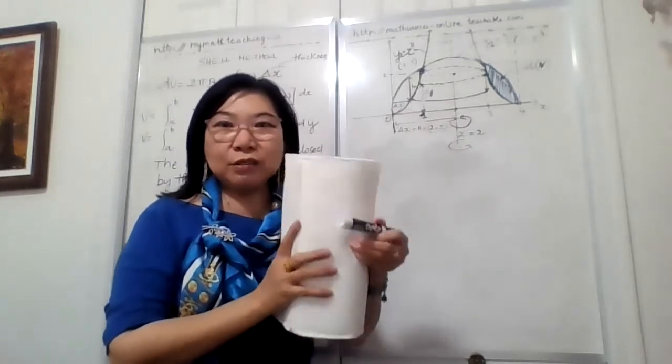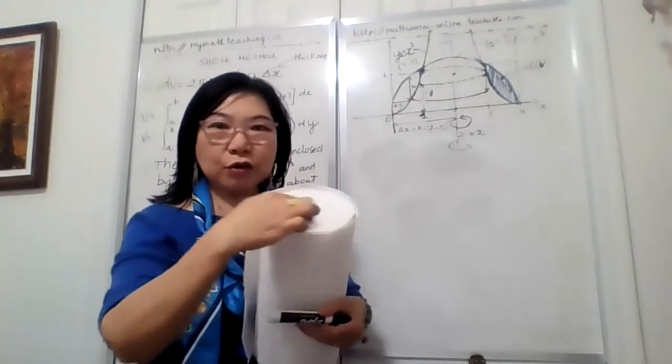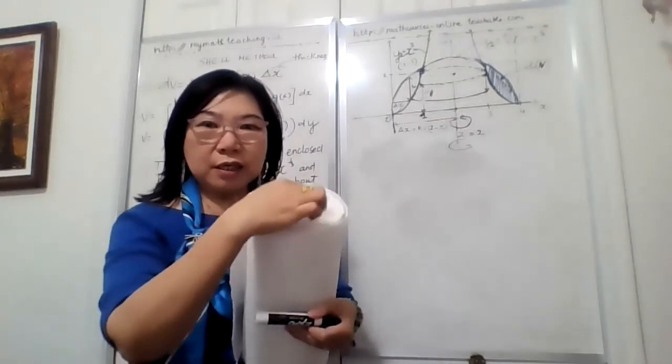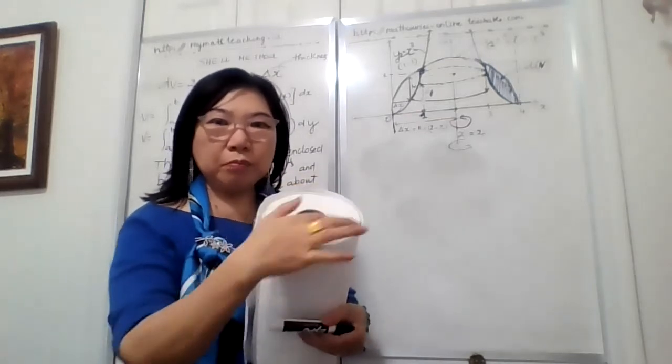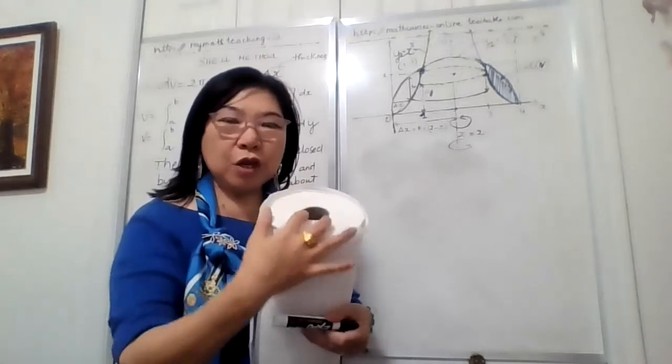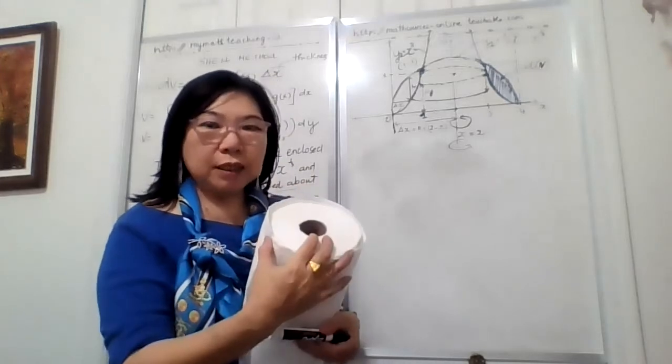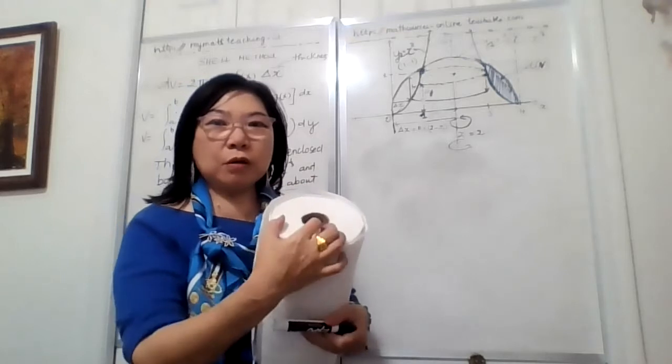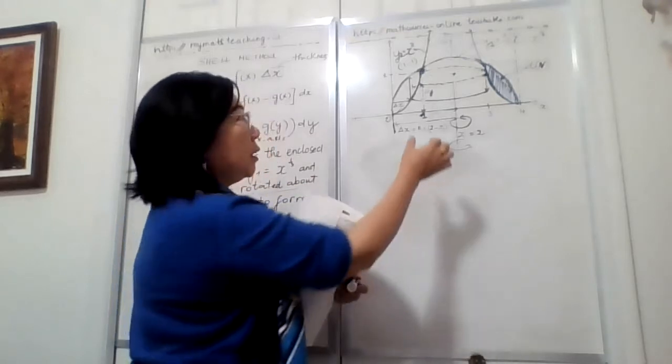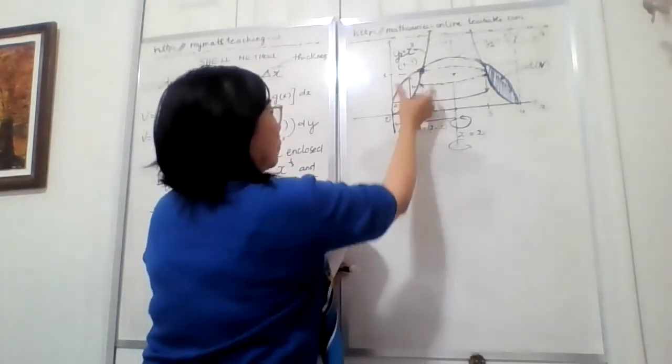But the idea is we're still using the cylindrical shell to form the object, the volume of the object. And remember, the volume of our object is shaped by the curve, by the function.